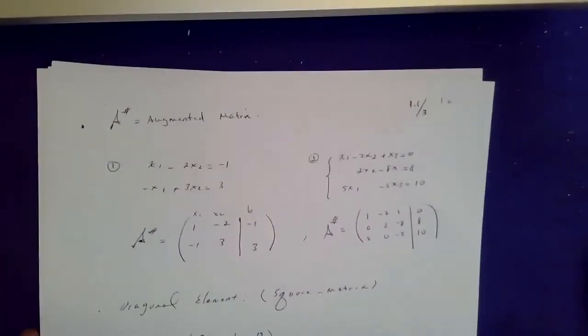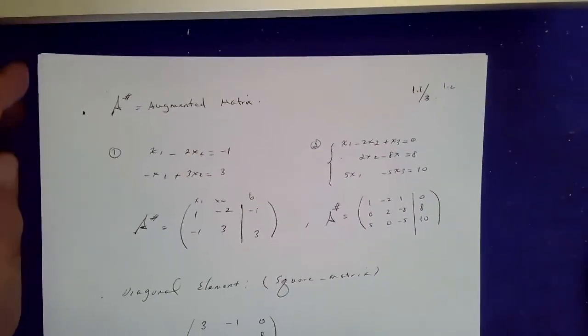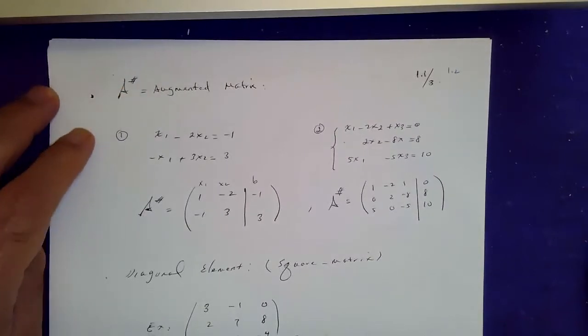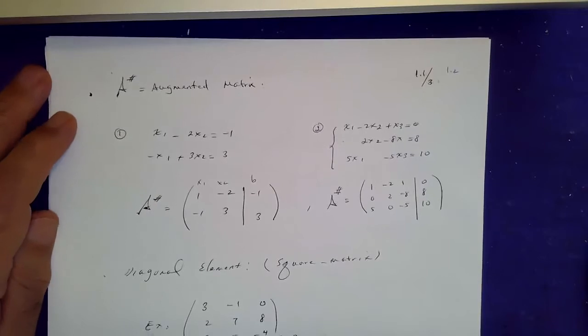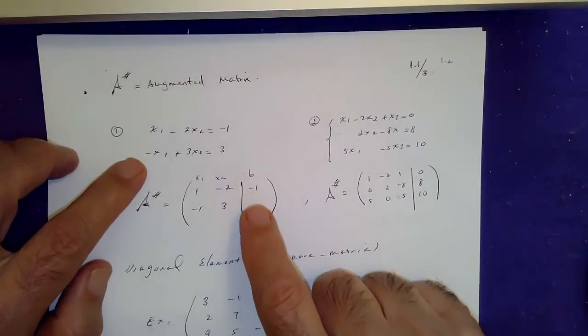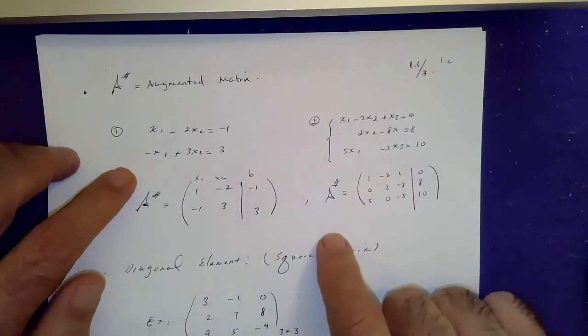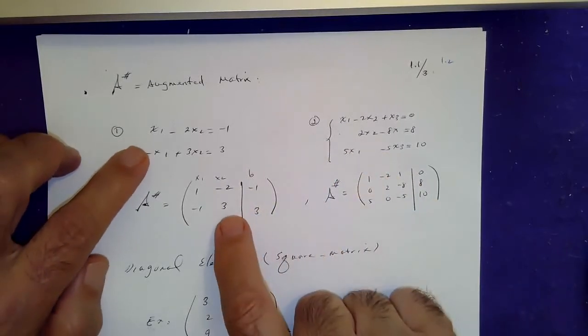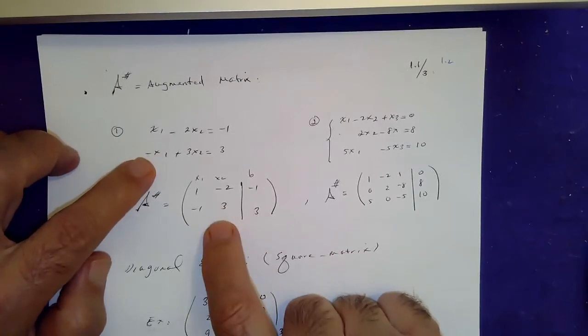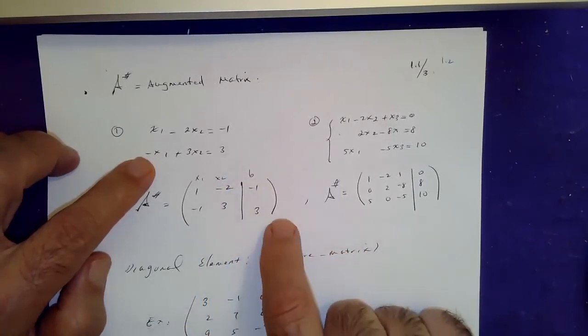Then we have something called an augmented matrix, which is denoted by A with a symbol like a hashtag. The augmented matrix for a system of linear equations in any dimension is made by first listing the coefficients of the variables on one side of the vertical line and the constants on the other side.